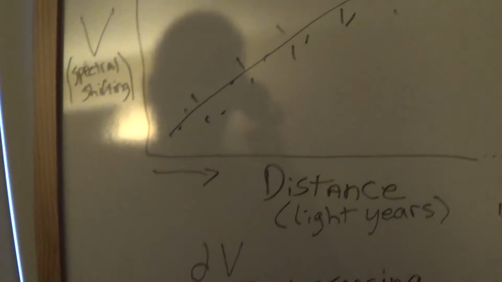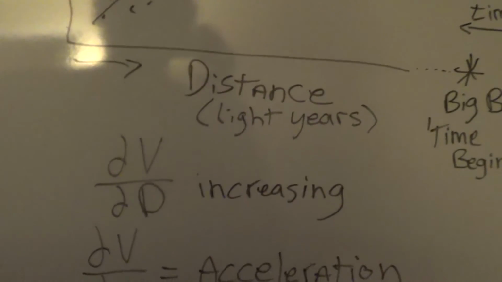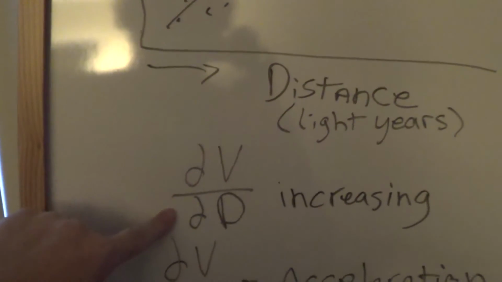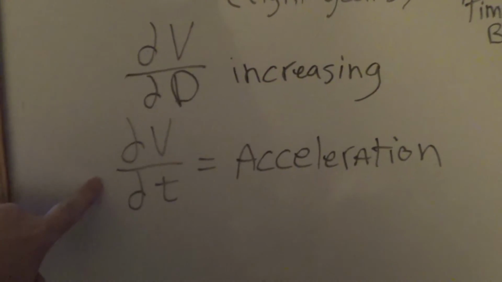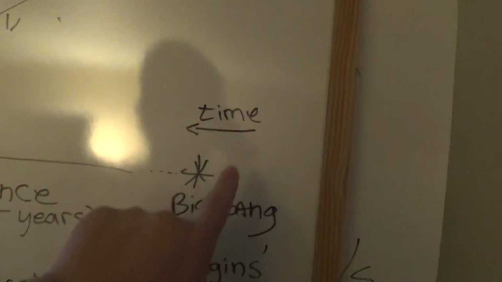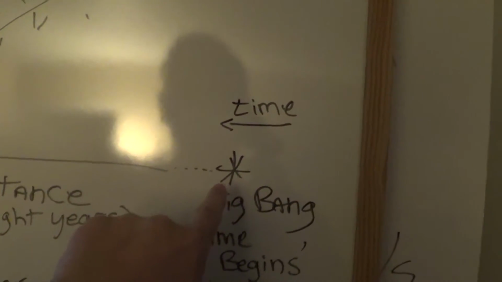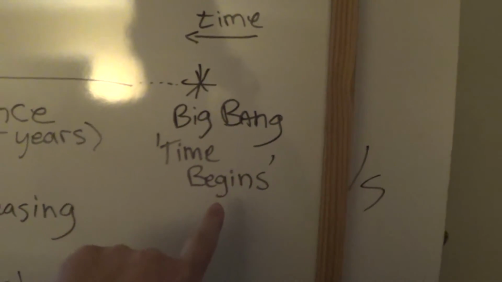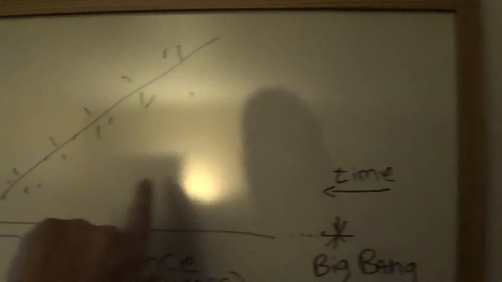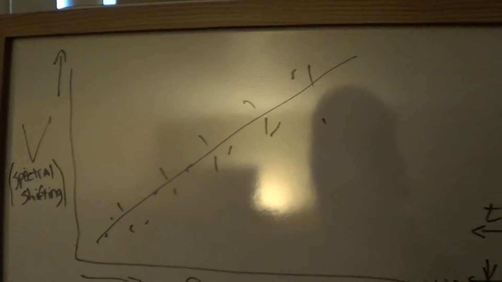So how is this acceleration? Acceleration is not change in velocity over change in distance, it's a change in velocity over time. So out here we have the theoretical Big Bang, or the beginning of time, which is out here, not here.